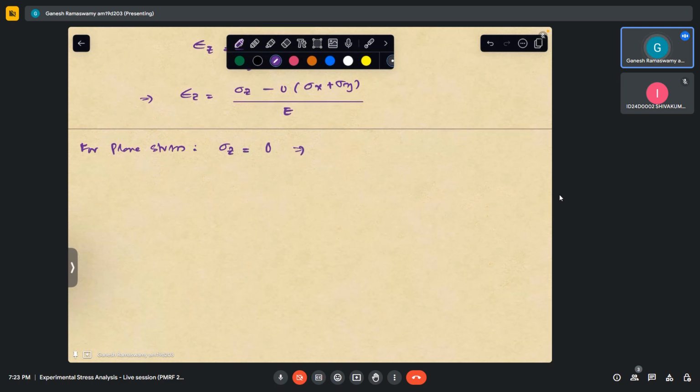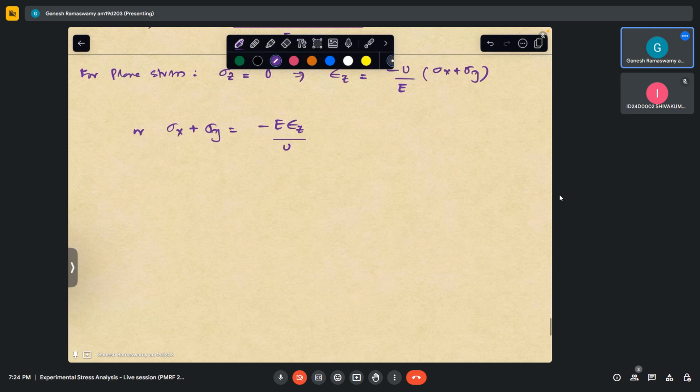So this follows that epsilon z is nothing but minus mu by E into sigma x plus sigma y, or sigma x plus sigma y is minus E epsilon z by mu. So this we have found.